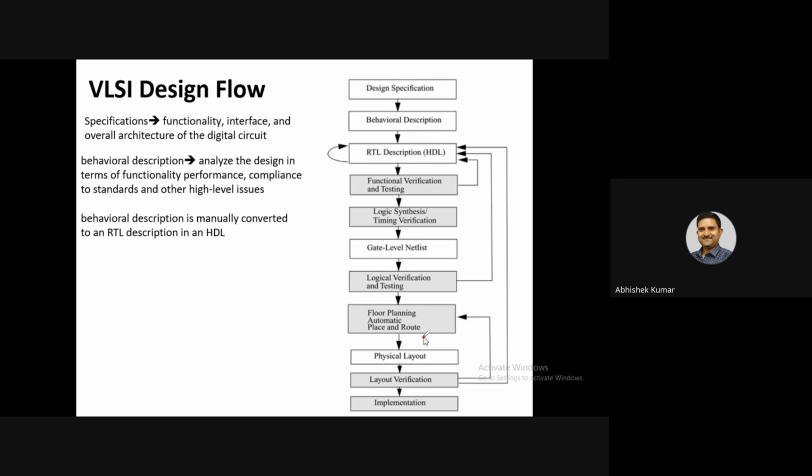One experience I'd like to share with you: talking about the industry, as well as the interest of the students, if I'm not wrong, 75 to 80% prefer the digital design flow.